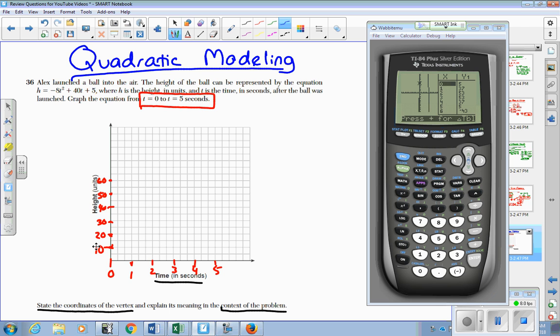So looking over my graph, the first point is (0, 5). Then we have (1, 37). And again, you just want to try to estimate the best as to where those numbers would fall. We got (2, 53) and (3, 53). Then we have (4, 37) and (5, 5).